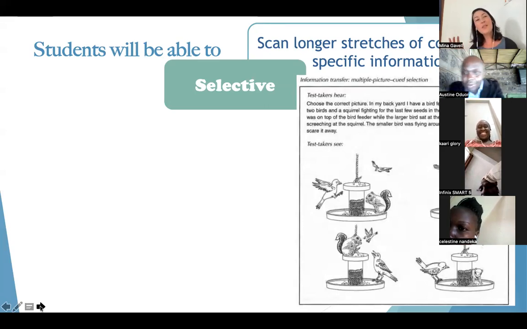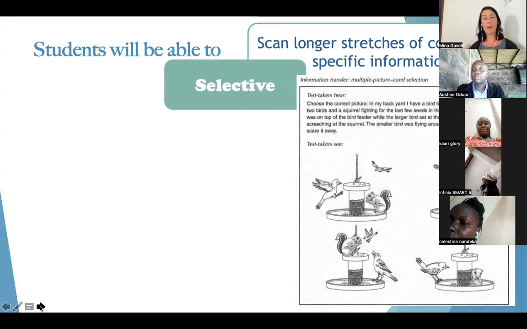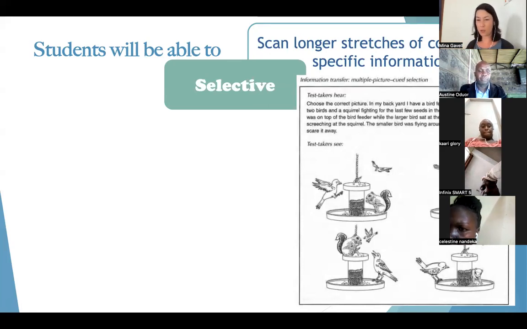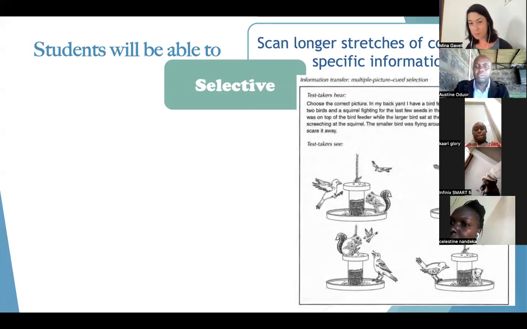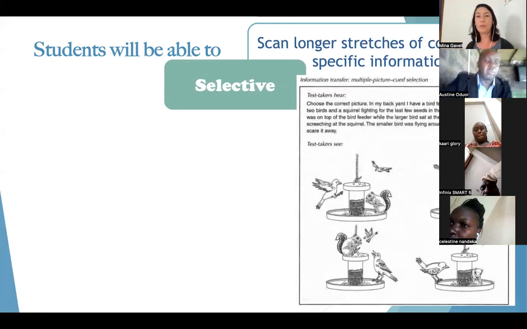So students don't need to necessarily understand every single word. They don't need to process it. They don't need to remember it for future use. They only need to kind of scan what they're listening for in order to match it to the picture. So they might scan, for example, the number of birds. There were 2 birds and a squirrel. And so actually, all the pictures have 2 birds and a squirrel, okay?